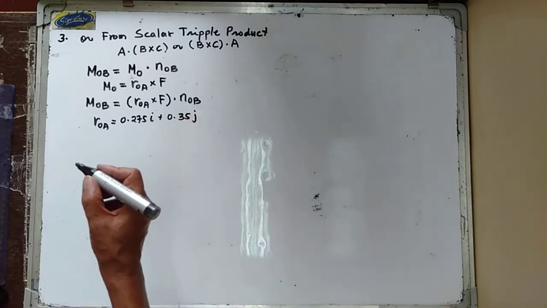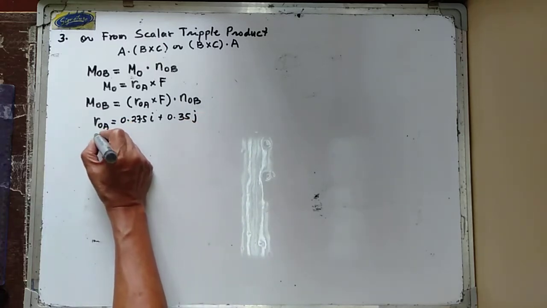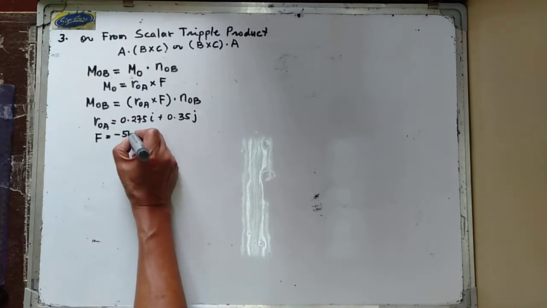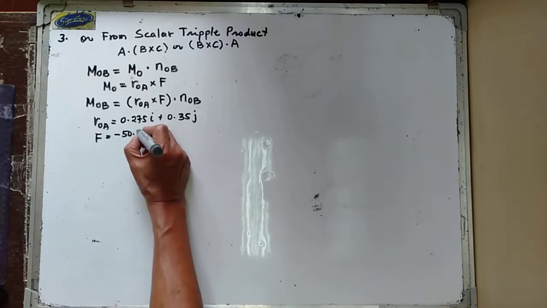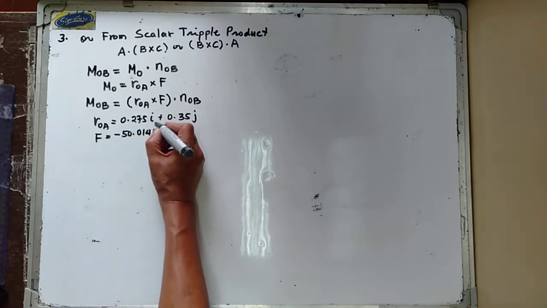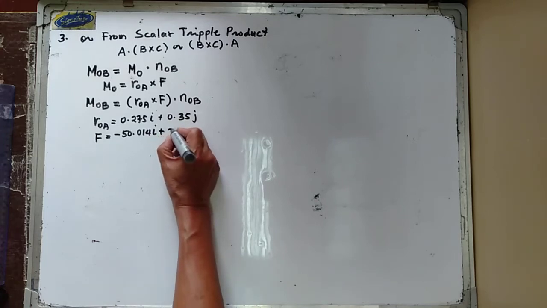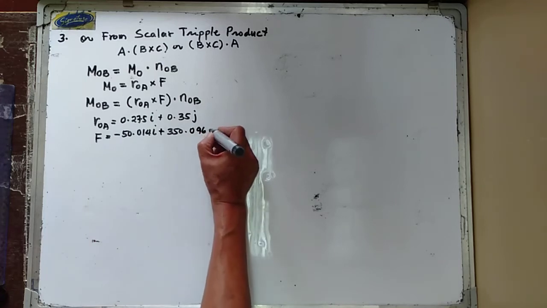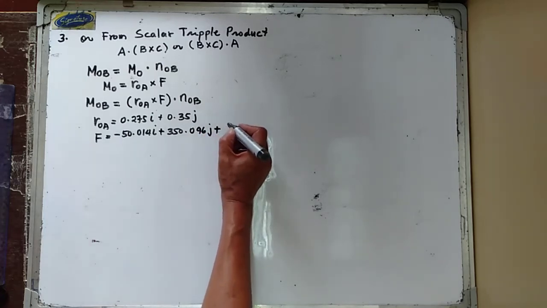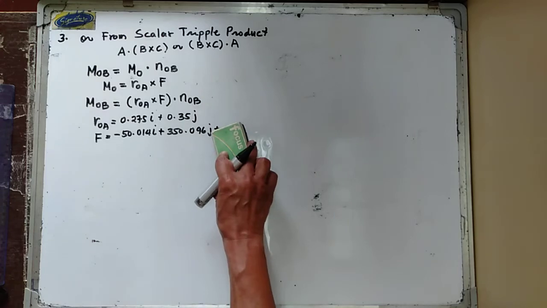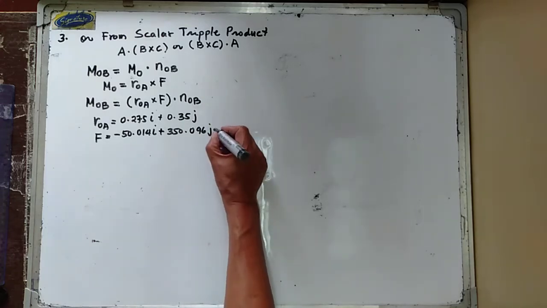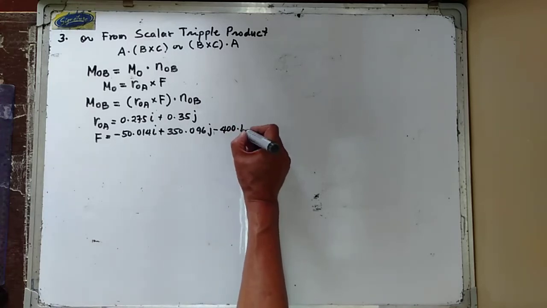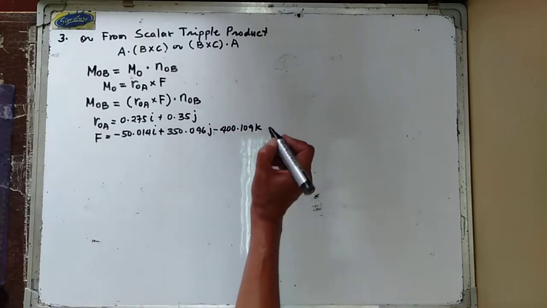Now the vector F is equal to negative 50.014I plus 350.096J minus 400.109K.